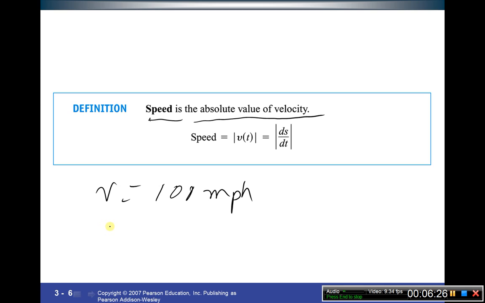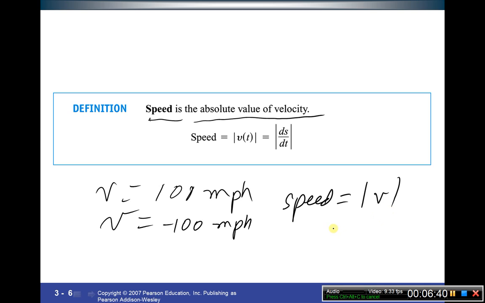If you were headed south of Swainsboro, you might be going minus 100 miles per hour. But the speed, which is the absolute value of velocity, in both cases would be 100 miles per hour. That's how fast you're traveling.